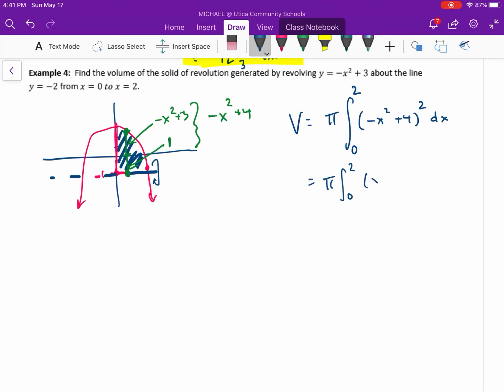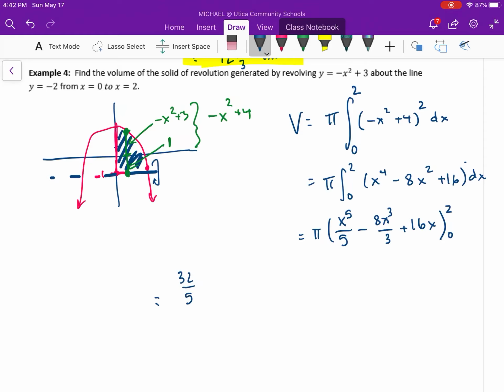So I'm going to multiply that out. I'm going to get x to the 4th minus 8x squared plus 16. X to the 5th over 5 minus 8x cubed over 3 plus 16x from 0 to 2. This one's not going to be as messy.